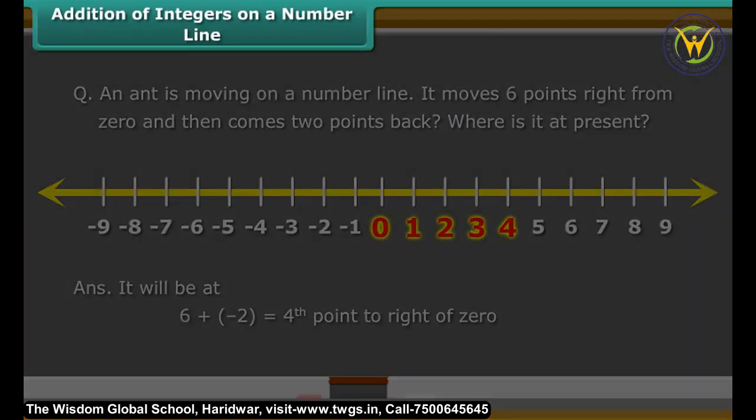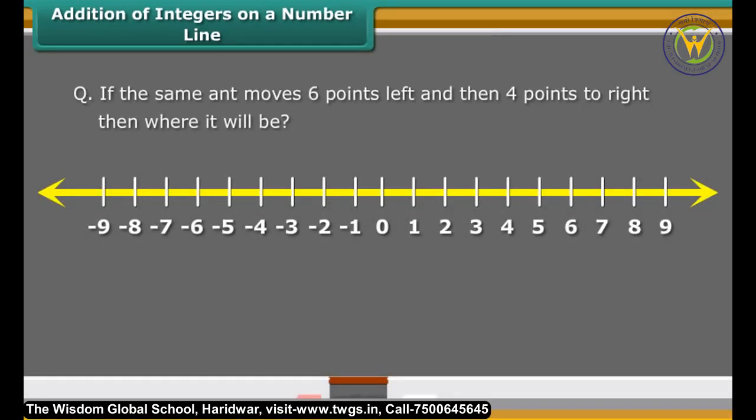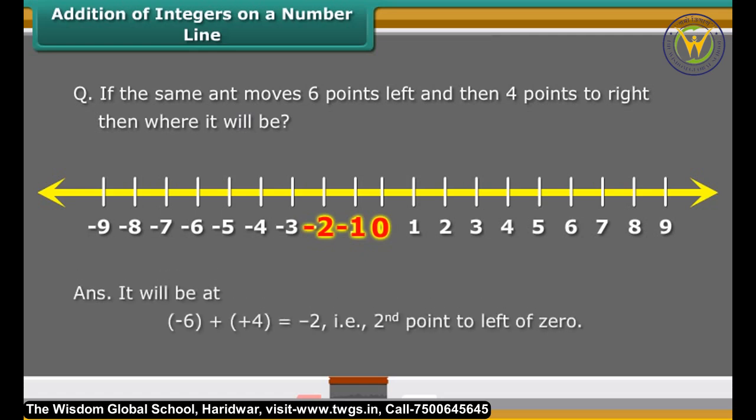If the same ant moves 6 points left and then 4 points to the right, where will it be? It will be at -6 plus (+4) equals -2. That is, the second point to the left of 0.